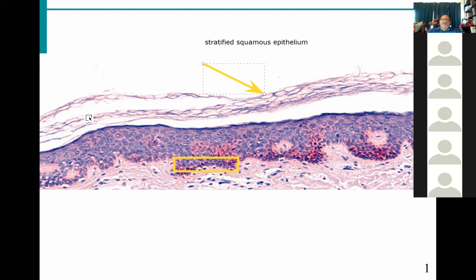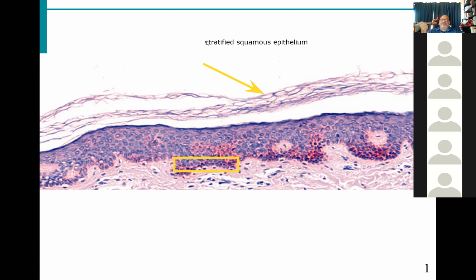The first thing is, in any of these cells up here at the top, do you see a nucleus? No. All of these cells have plenty of nuclei, but none of the cells at the top have nuclei in them. Why do you think they don't? Because they're dead, and they're filled with what instead?